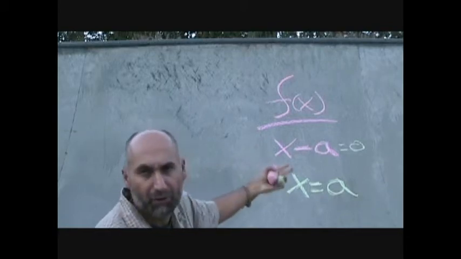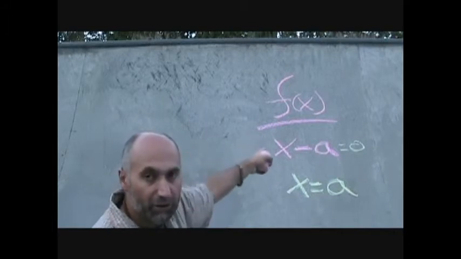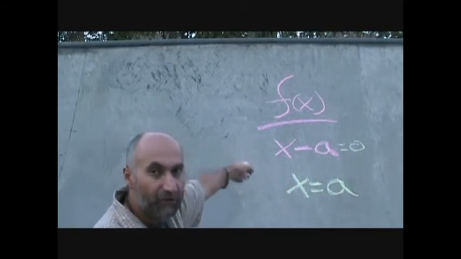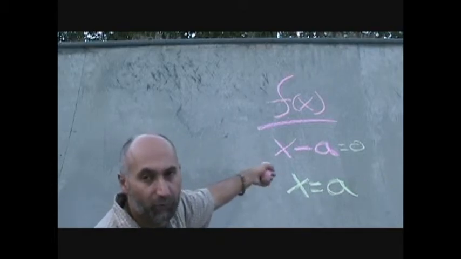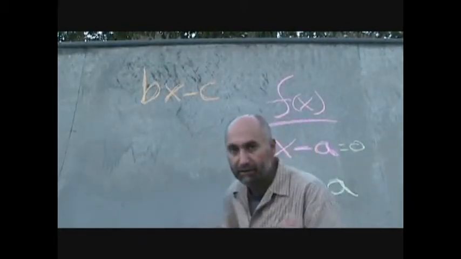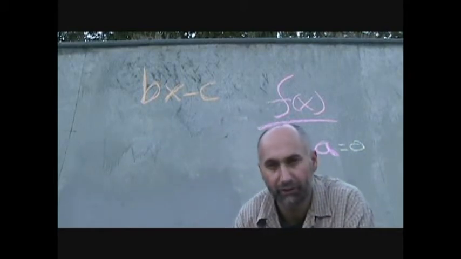It could be 2, it could be 3, it could be any other number. So we can do synthetic division for expressions where we have another number in front of the x instead of a 1. If we have something like bx minus c in the denominator, we can still do synthetic division, but there's a trick to it.